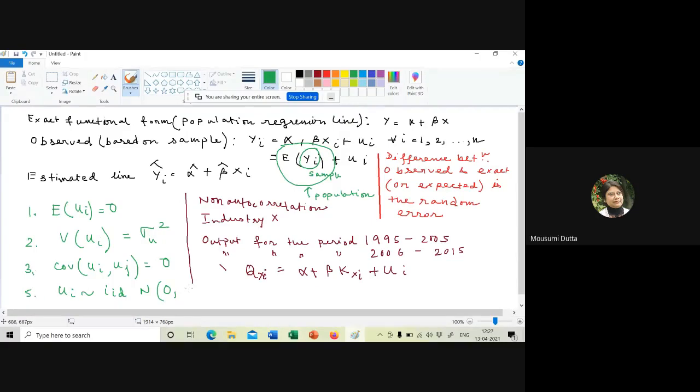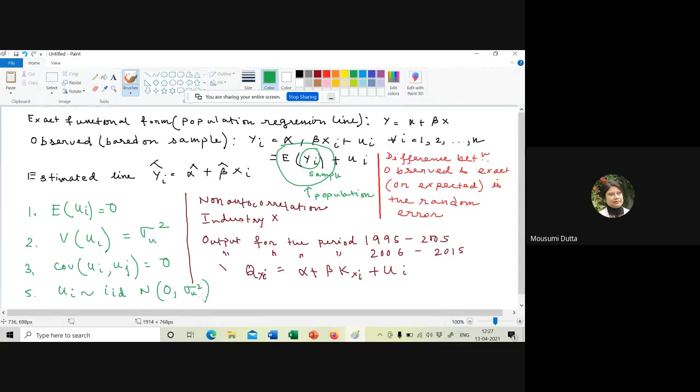And what is the variance of ui? Sigma u square. So ui is distributed independently and identically normally with expectation of ui equal to 0 and variance sigma u square. So the scatters are distributed normally around the fit. This is the assumption.